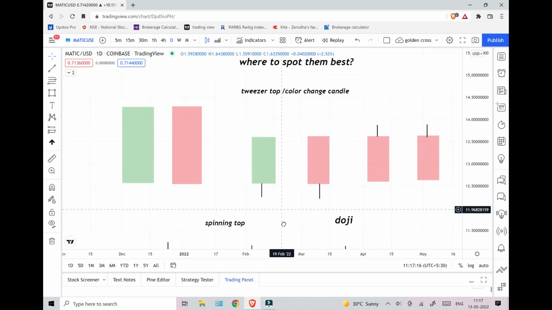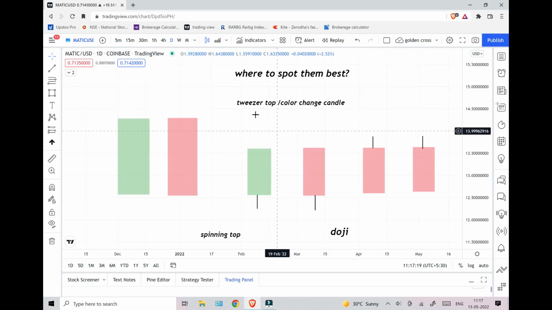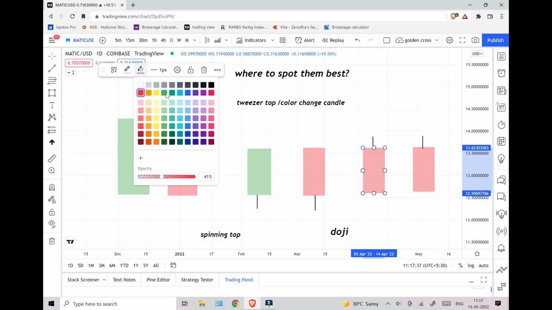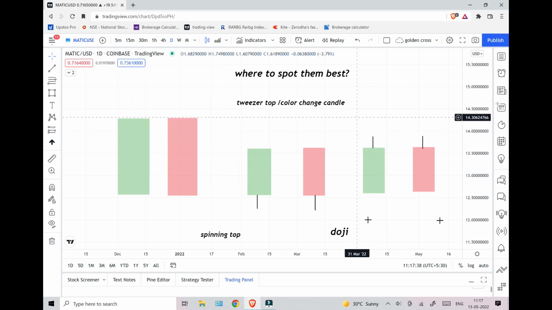Now, tweezer top. I like to call it the color changing candle. Basically, the spinning tops are formed like this. Spinning top structures are like that, but in real charts you can spot them like this.